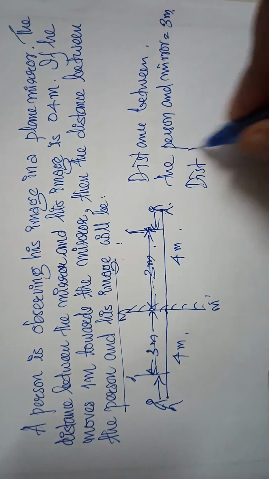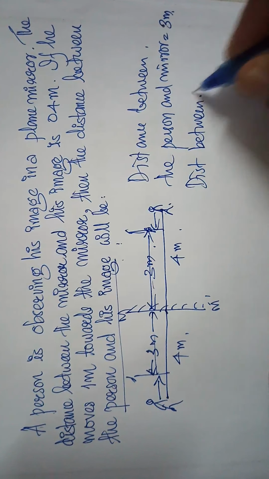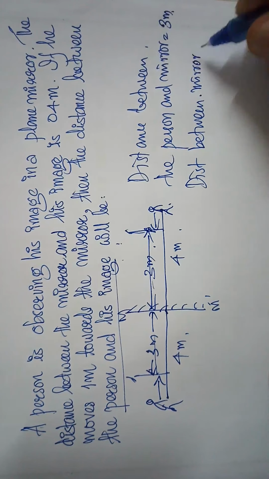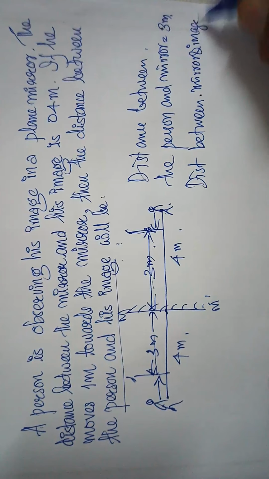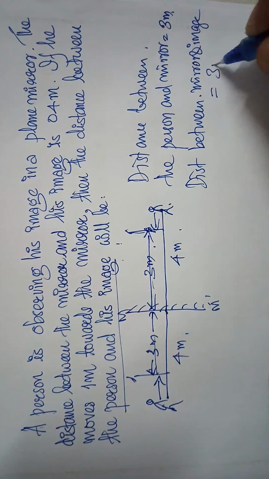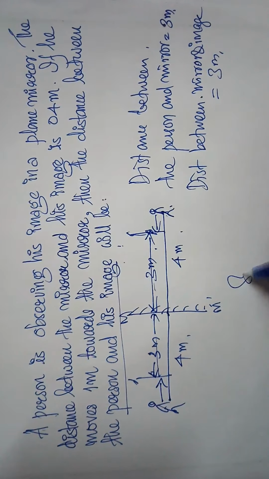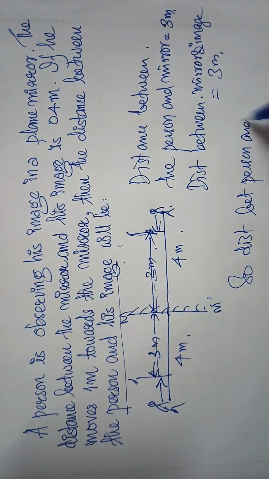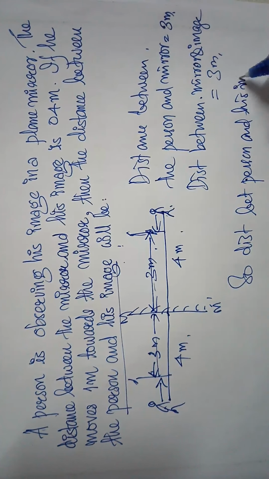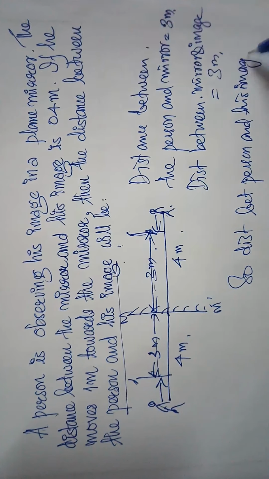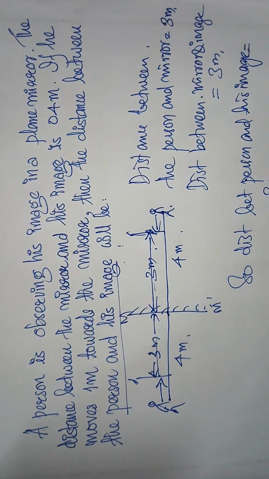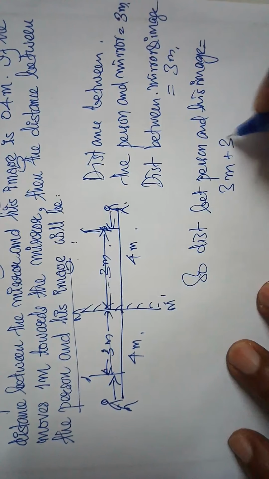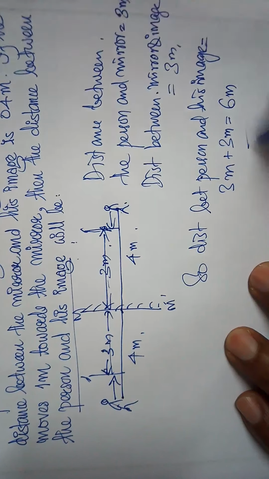Distance between mirror and image will be equal to 3 meters. So the distance between the person and his image is equal to 3 meters plus 3 meters, that is equal to 6 meters. This is the answer. So that's a simple one.